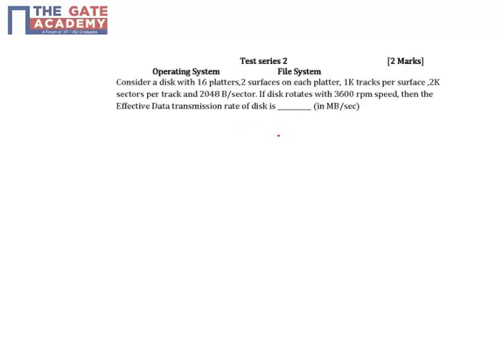Okay, first I want to calculate the bytes per track. How many bytes are there on one track? For this, I'll take the bytes on one sector and multiply this value by the sectors on one track.